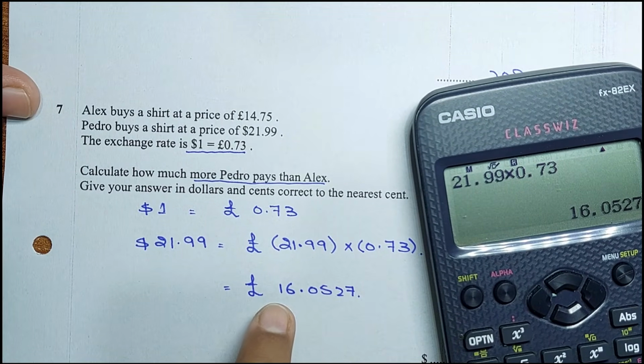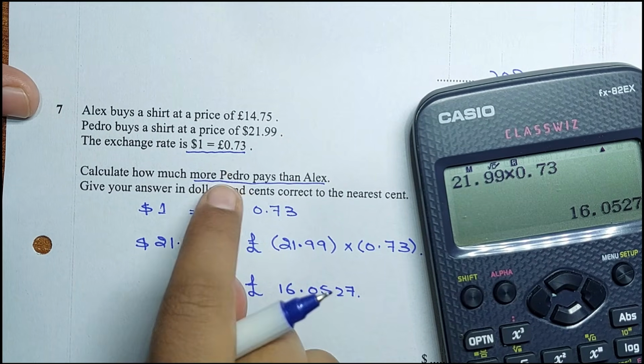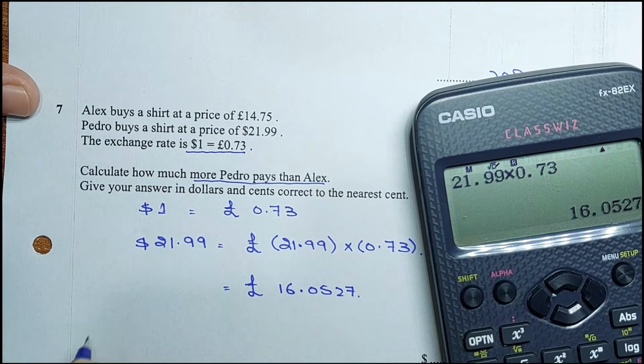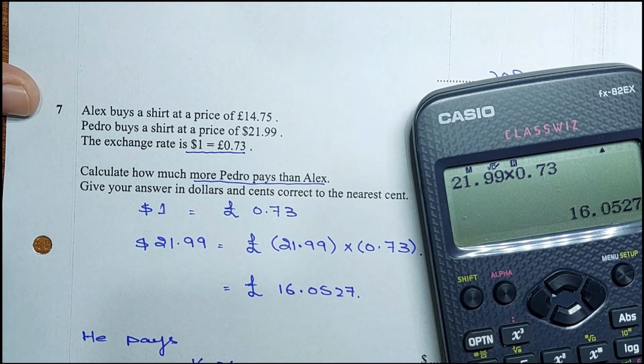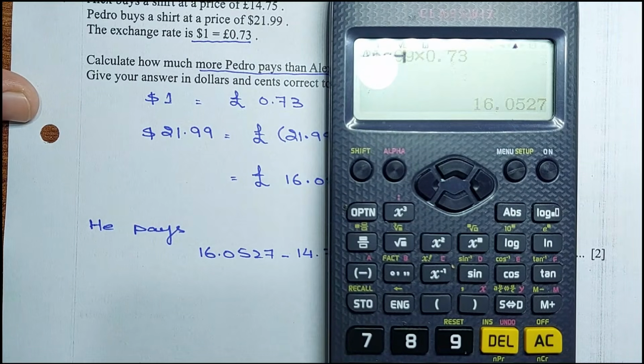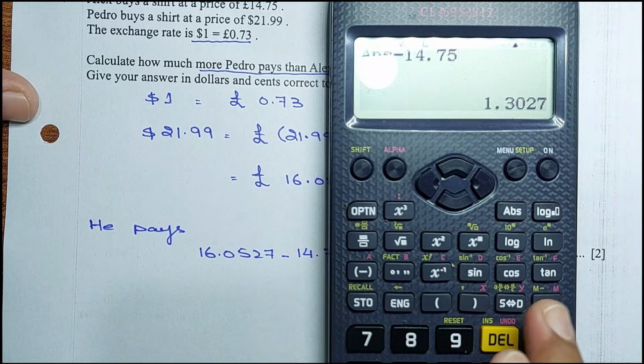So he pays 16 pounds and this many pennies, right? So we have to find how much more Pedro pays than Alex. He pays 16.0527 minus Alex's 14.75.